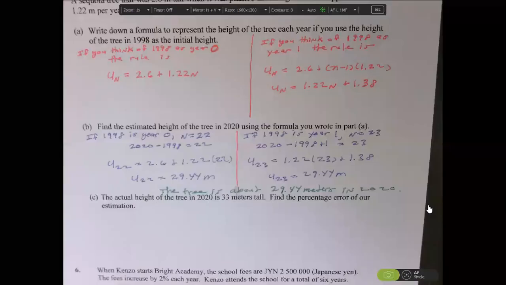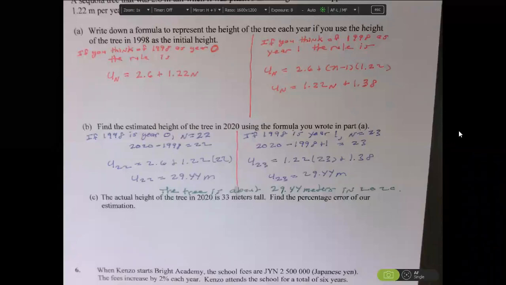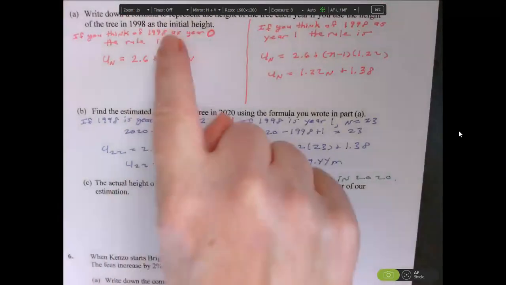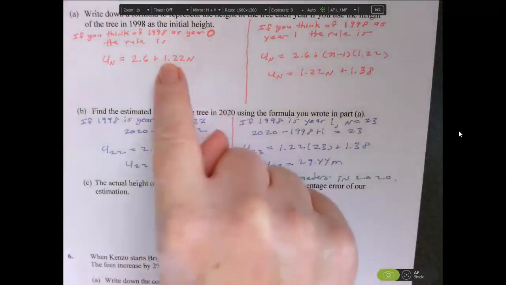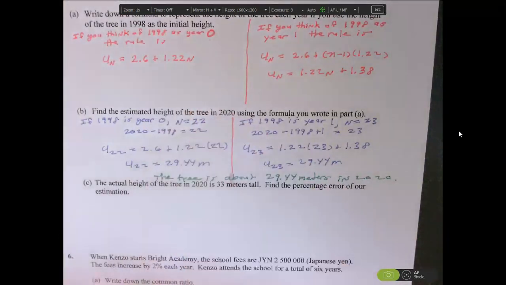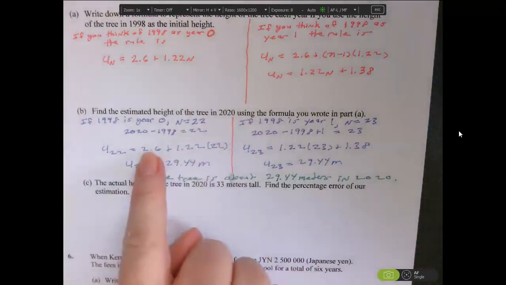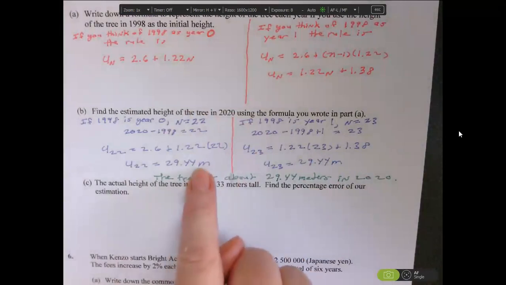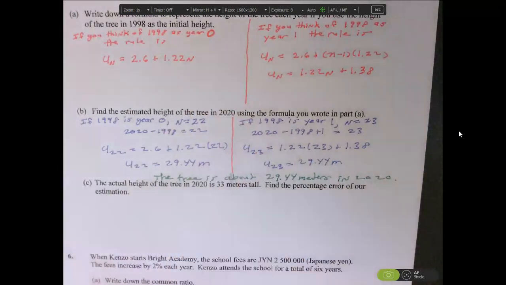Pause your video. All right, and we're back. Again, I just showed you both ways. If you thought that 1998 was year zero and you were using this formula, then there's 22 years between 1998 and 2020. So I just do 2.6 plus 1.22 times 22, and I get 29.44 meters.